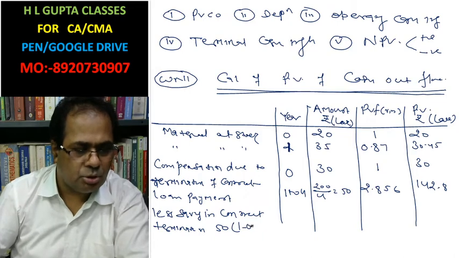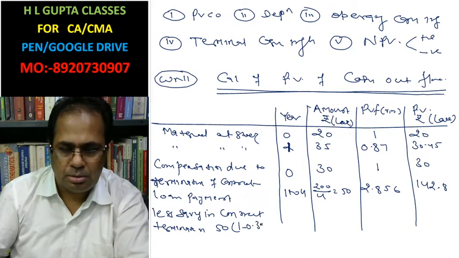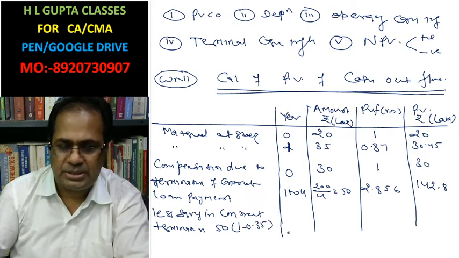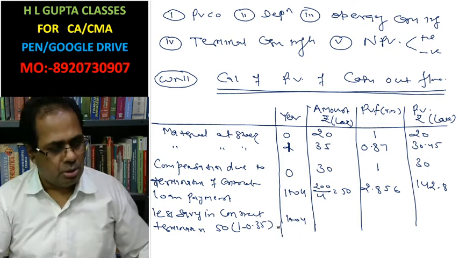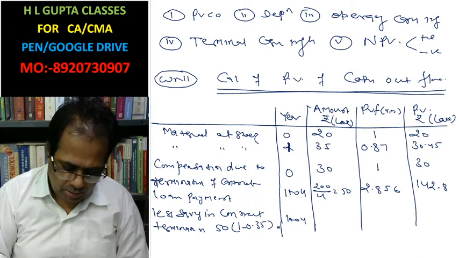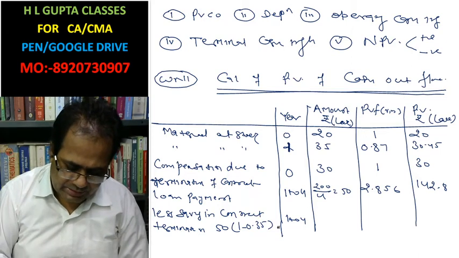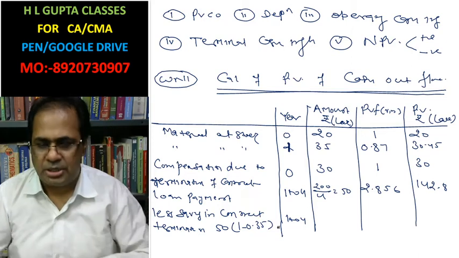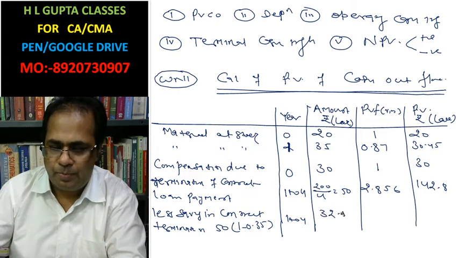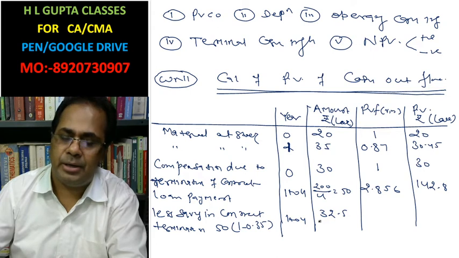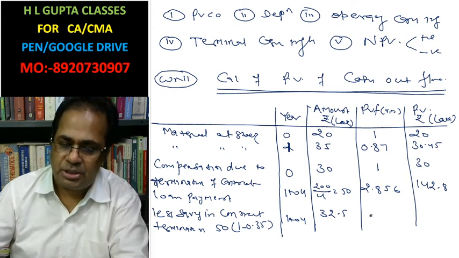This is for years 1 to 4, so 50 lakh into 0.65 is 32.5 lakh. This is a saving.